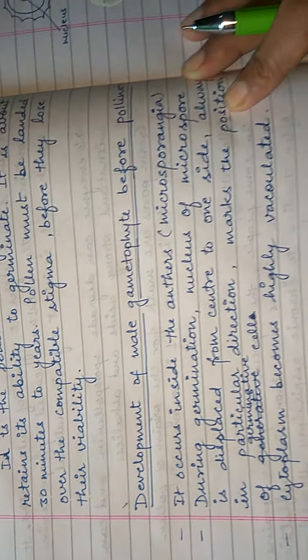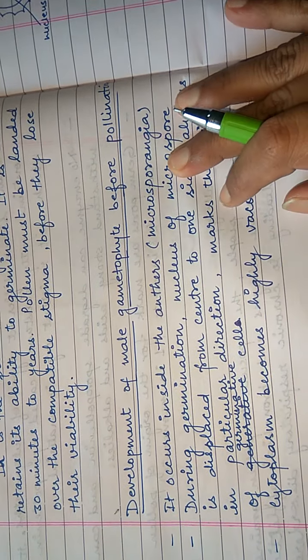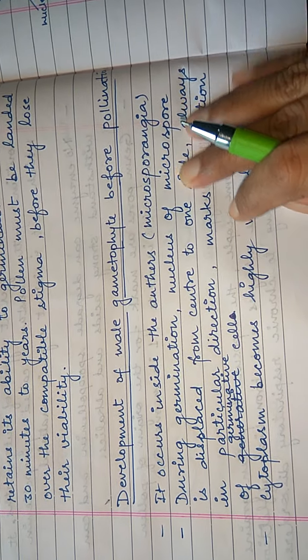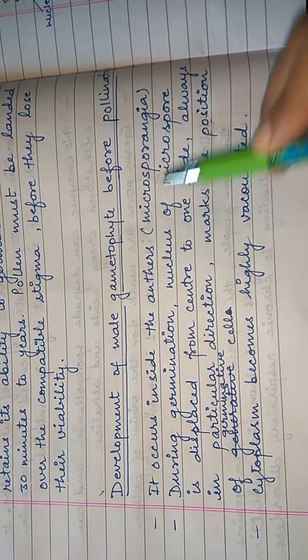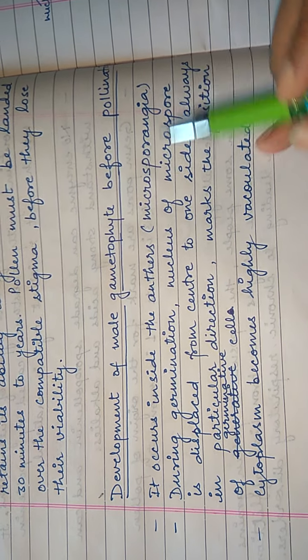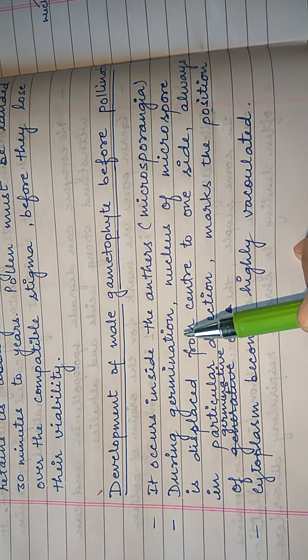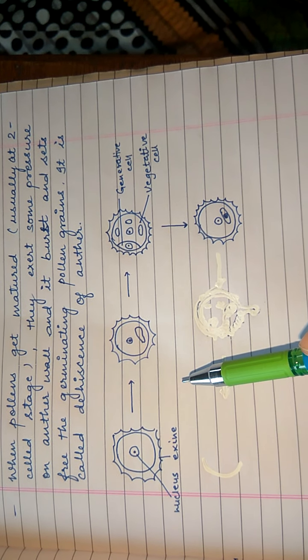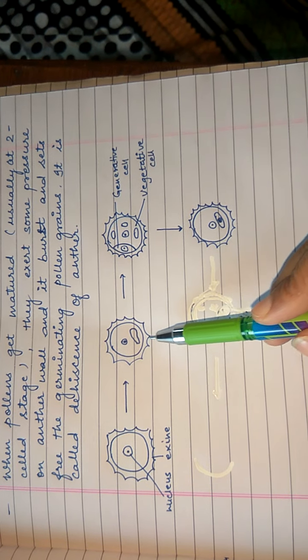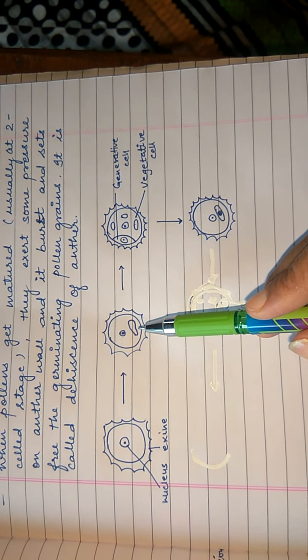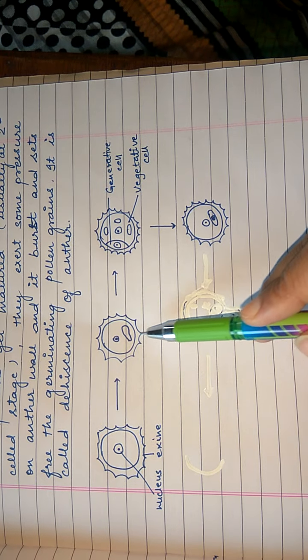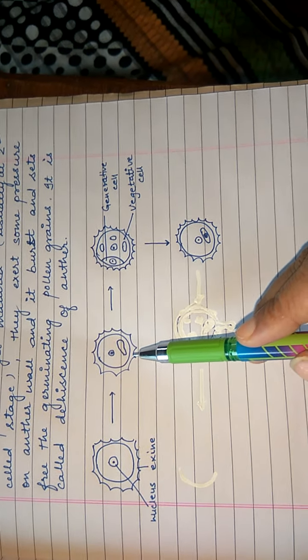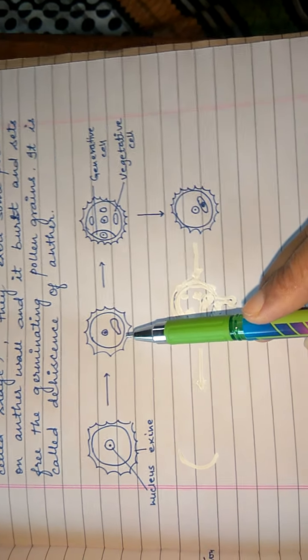Now, the last topic is development of the gametophyte before pollination. It occurs in the anther, that is the microsporangia. During germination, the nucleus of the microspore is displaced from the center to one side, always to the particular side where the mark of germination is.